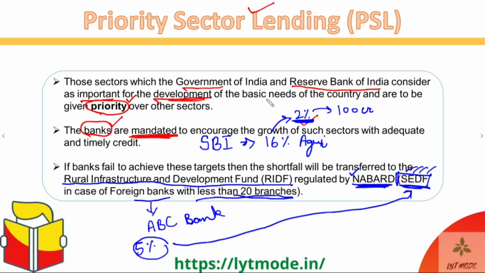So the RIDF was the Rural Infra and Development Fund. The SEDF is the Small Enterprises Development Fund, and this SEDF is managed or maintained by SIDBI, where SIDBI, I hope that you all remember the full form of SIDBI.